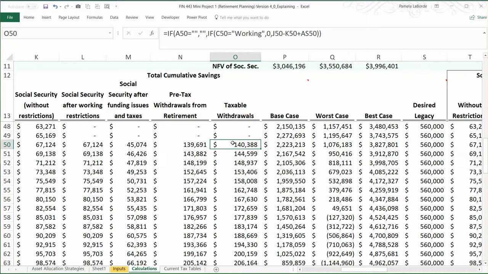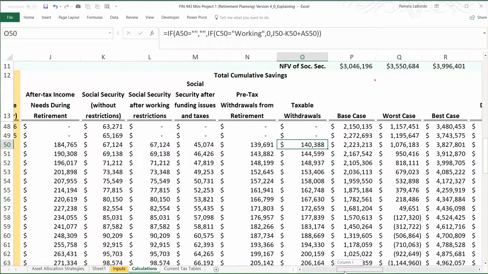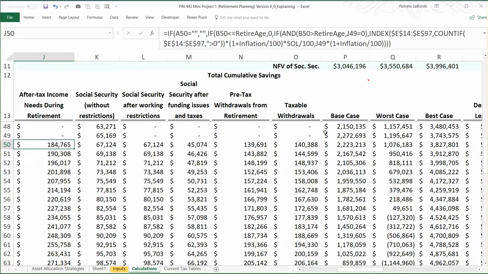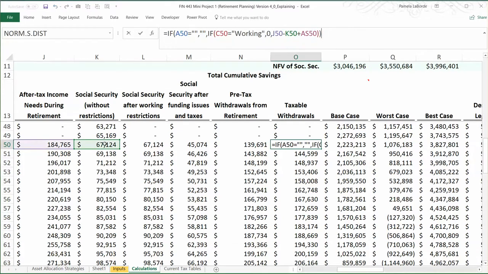My taxable withdrawals are going to be equal to, I gotta go over a little bit more, my after-tax needs during retirement minus, oh, I screwed up. It should be minus column N50. So I need to fix that. Sorry, M50. Or I could do it this way.